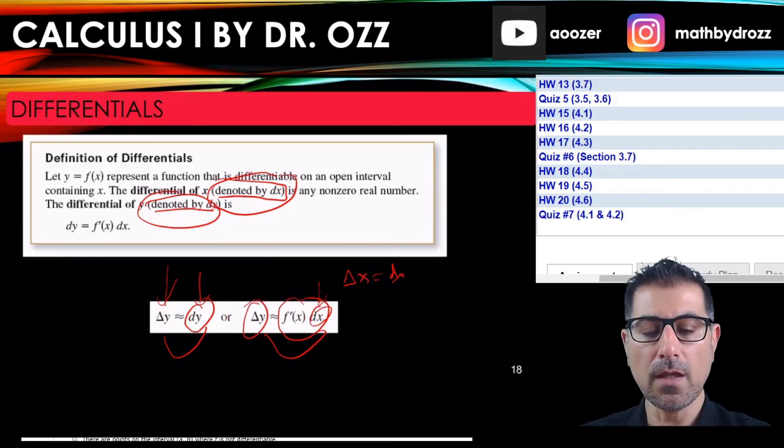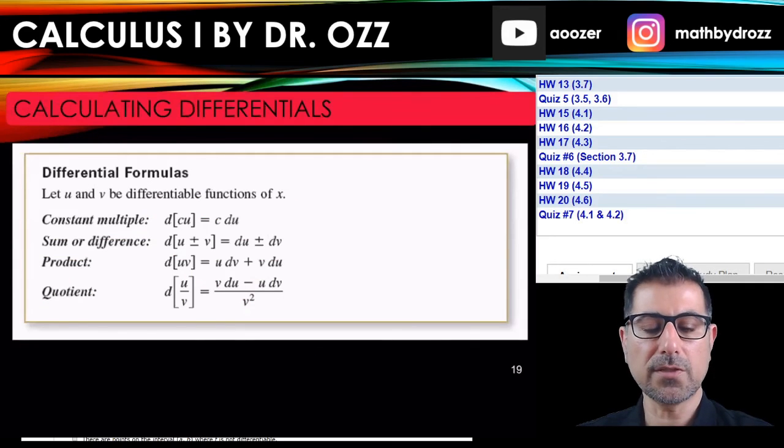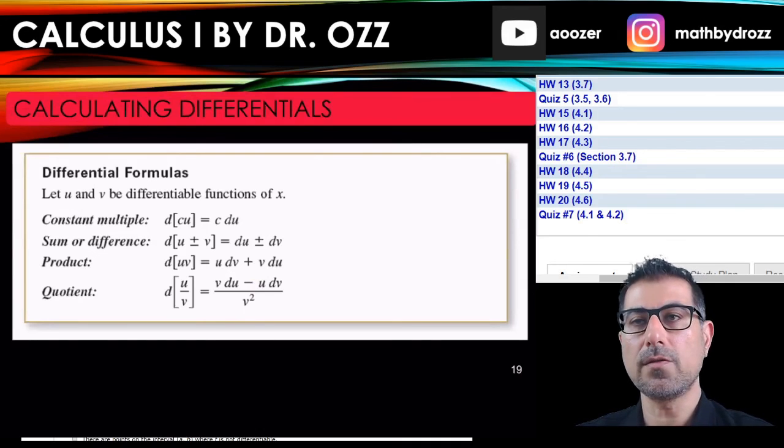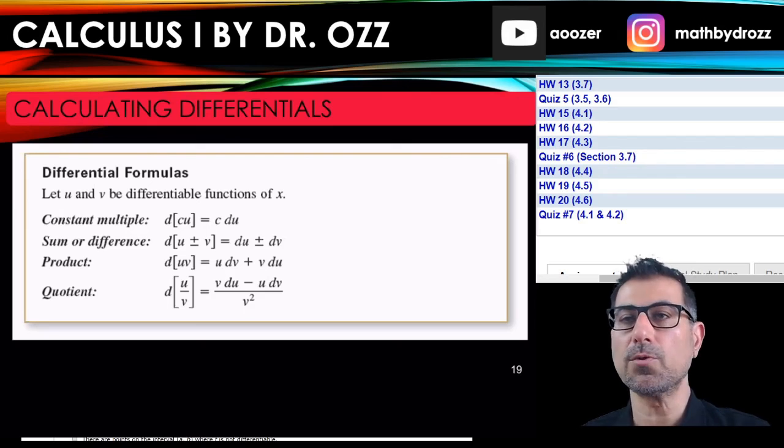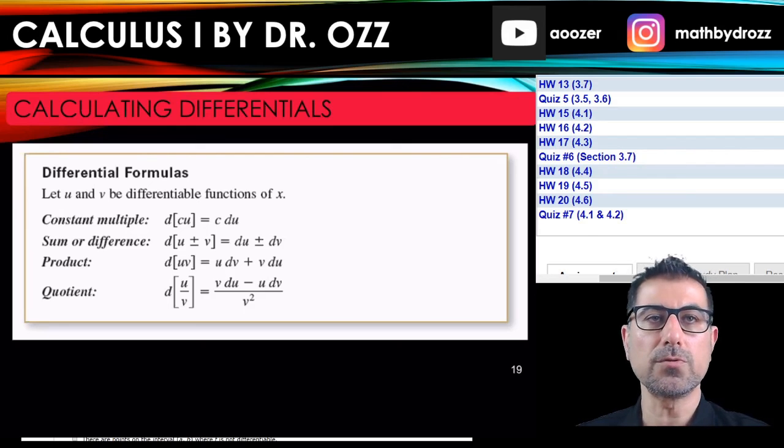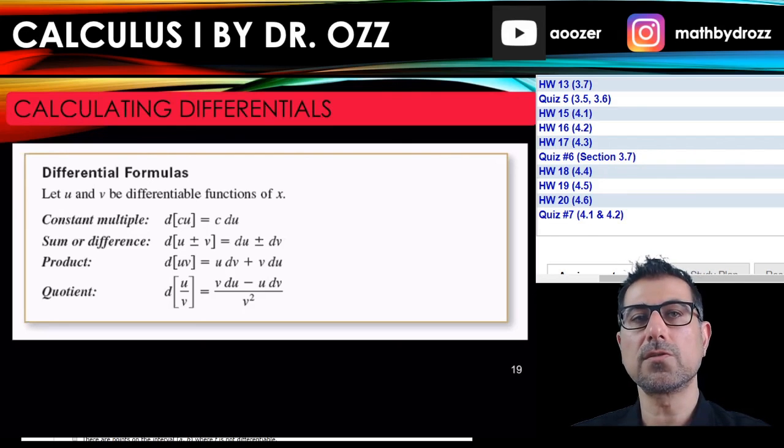And finally, these are the differentials of known functions, and remember the properties that we had before from differentiation. So essentially, if you know the functions, all you can do here is use the constant multiple rule, sum or difference rule, and product and quotient rules to determine the differentials of products, quotients, sums or differences, and constant multiples.